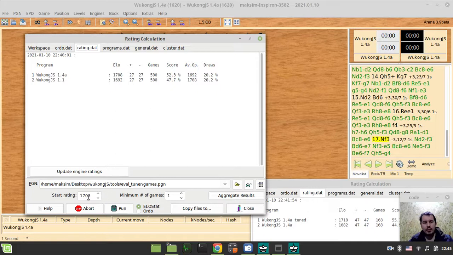I've used a starting rating of 1700, while WukongJS 1.1 is actually around maybe 1600. So it's not an absolute rating, it's the relative rating. It's about plus 27. Obviously there is an error, the possible plus-minus.